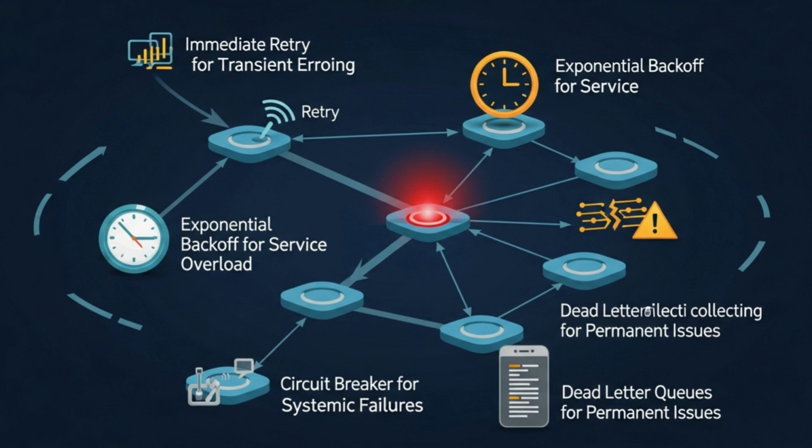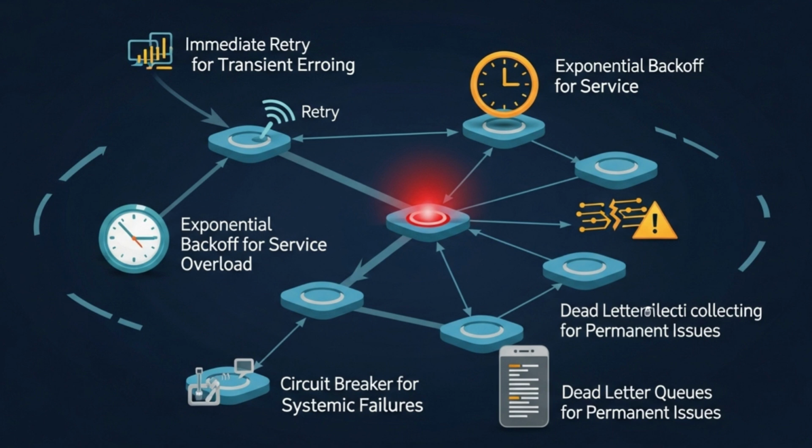Finally, for tasks that consistently fail due to permanent, non-recoverable errors, we use a dead letter queue, or DLQ. This preserves the failed task for manual investigation or reprocessing, ensuring no data is lost and providing valuable insight into recurring issues. These layers of defense are crucial for building truly resilient systems.